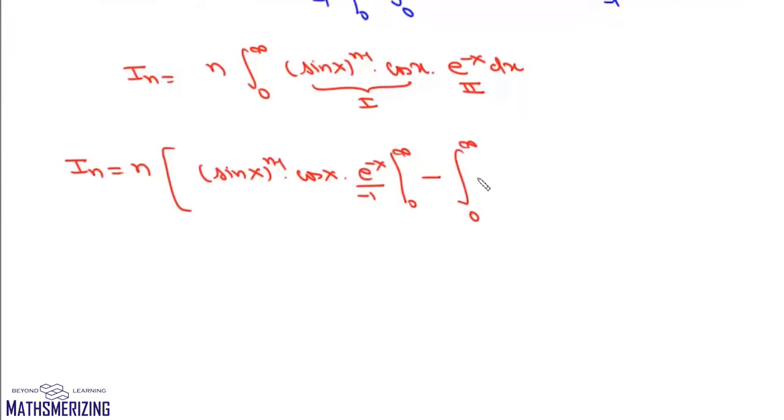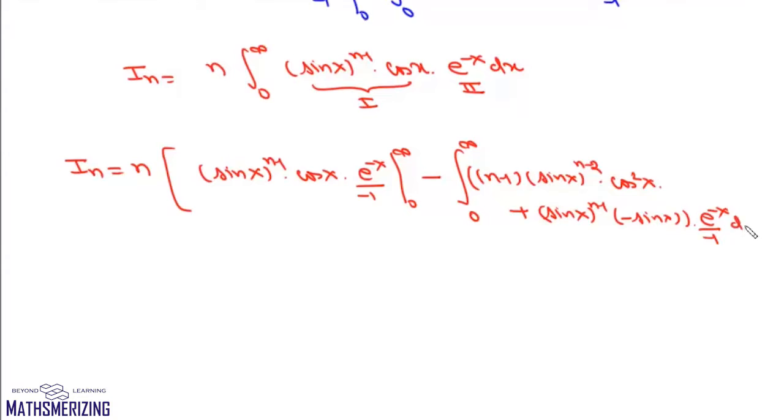Now if we differentiate this, we'll get n minus 1 sin x to the power n minus 2, and the derivative of sin x will be cos x. So it will be cos square x plus sin x to the power n minus 1, the derivative of cos x is minus sin x, and then e to the power minus x upon minus 1 into dx.